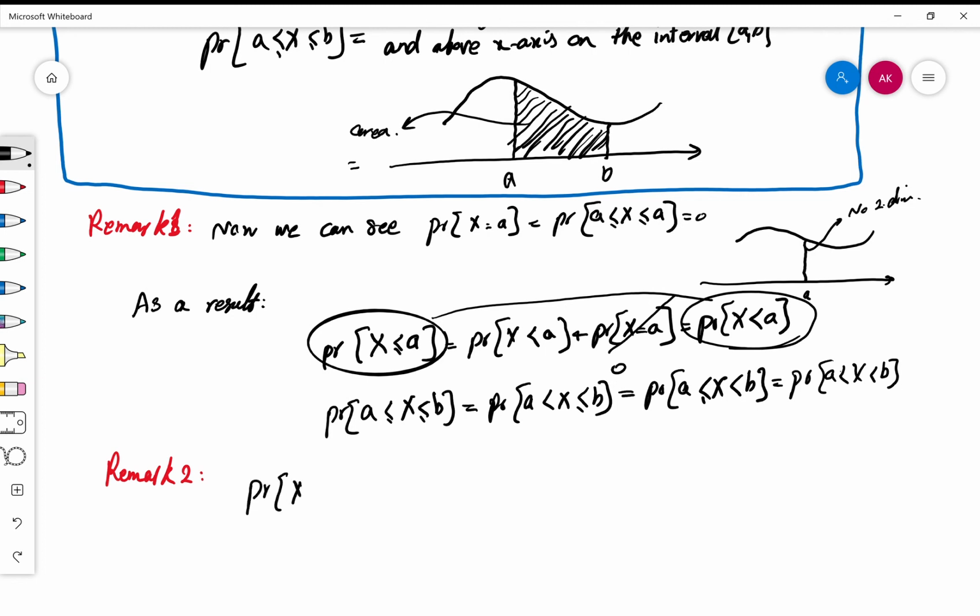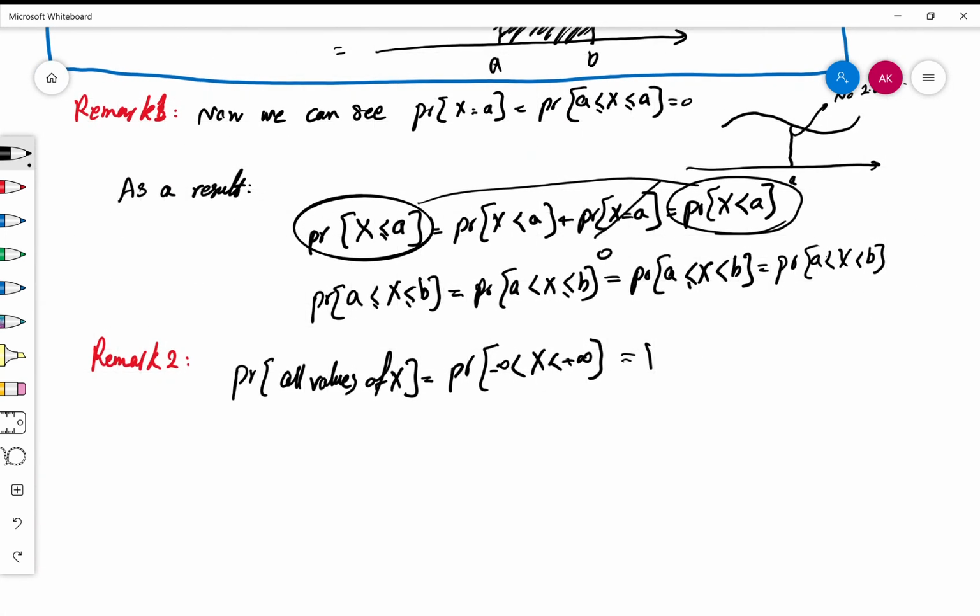And then remark two is that, as always, the probability of all the possible values of x, in other words, probability of x being between negative infinity and plus infinity, needs to be equal to 1. We know that the total probability is always equal to 1.